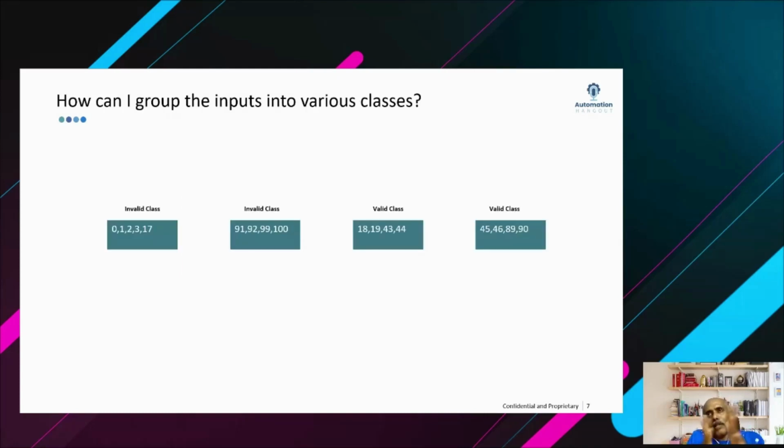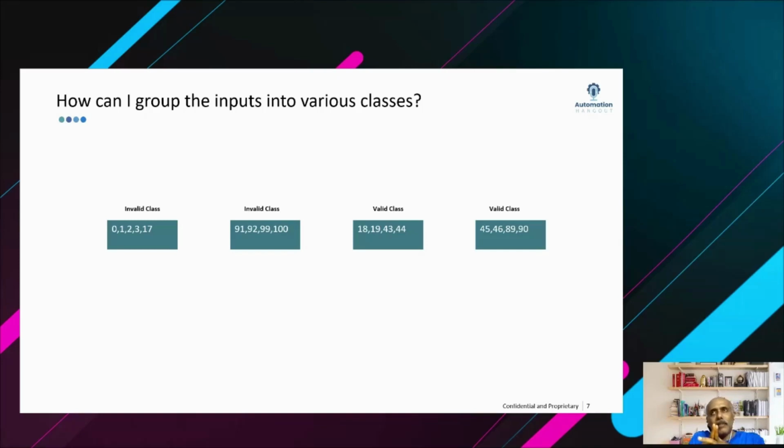As I was mentioning earlier, you have 4 different categories of people here. The first group, called an invalid group or invalid class, are folks less than 18 years of age. Anyone between 0 to 17 years would fall in this group. Then you have people above 90 years. If I'm 91, 92, or even 100 years of age, I belong to the second invalid group.